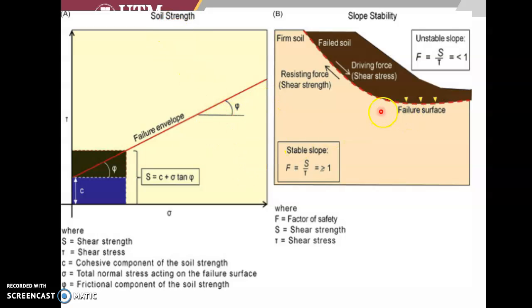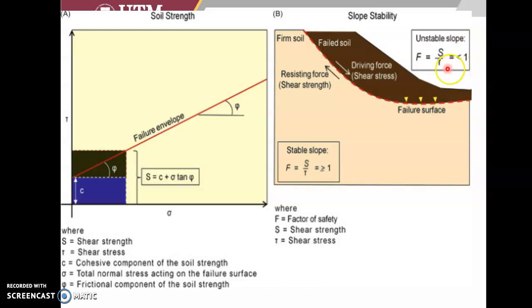And the shear strength is the resisting force that makes the slope become stable. While the failed soil is usually induced by the driving force, which can be induced due to heavy rainfall or wrong design in the slope angle and so on.